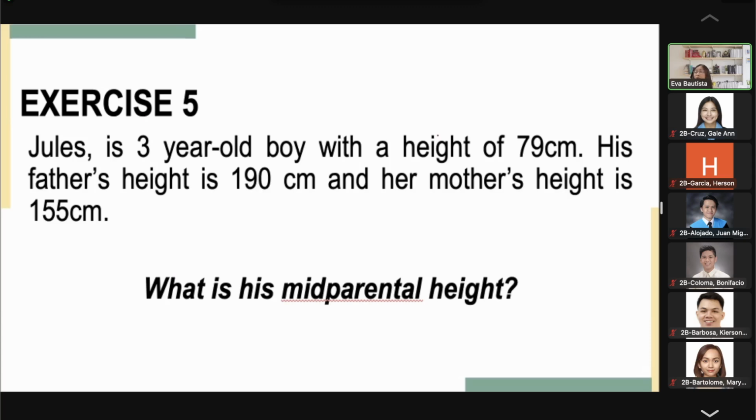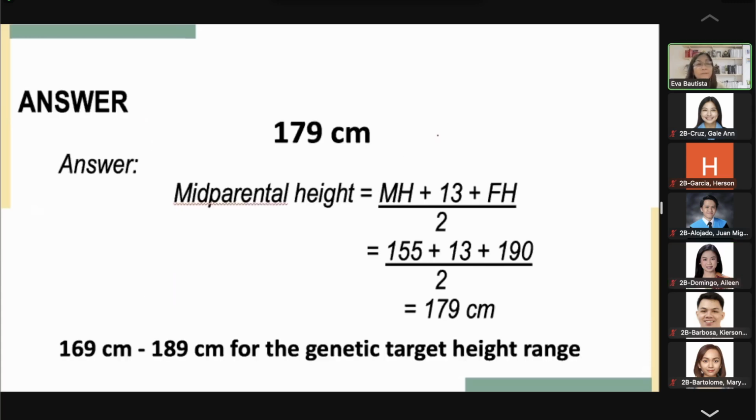So can you compute for the mid-parental height? 179 po. Okay, let us see. Very good. So we have a 3-year-old boy.